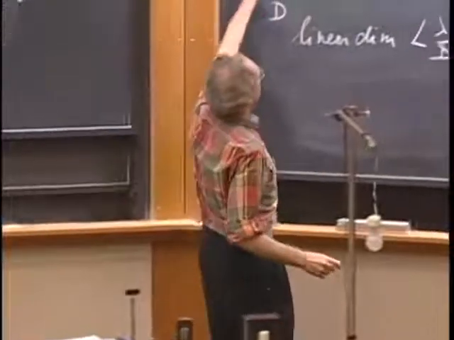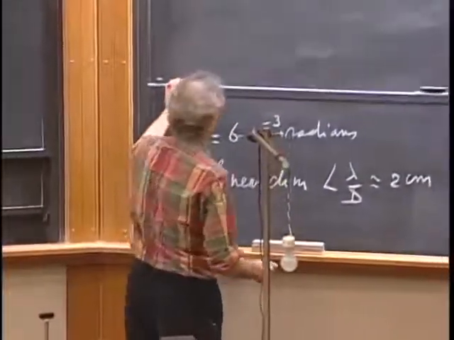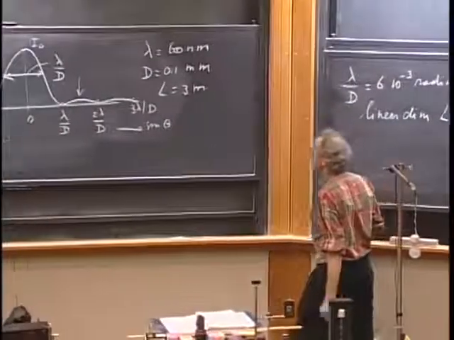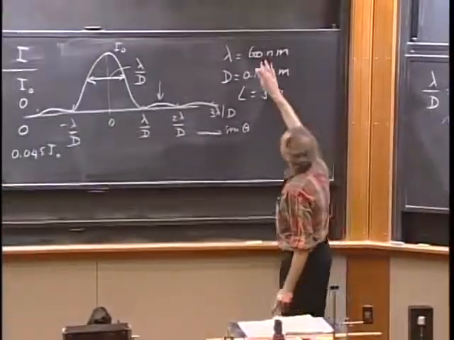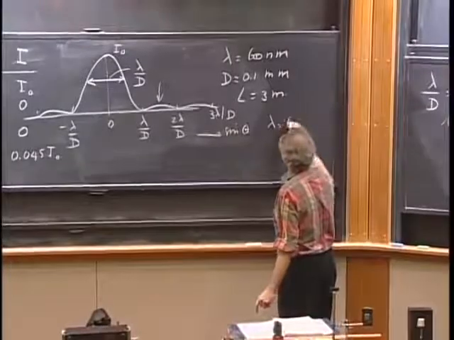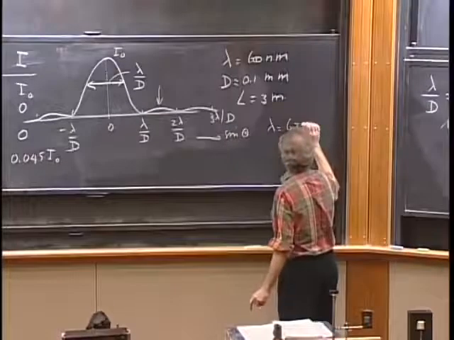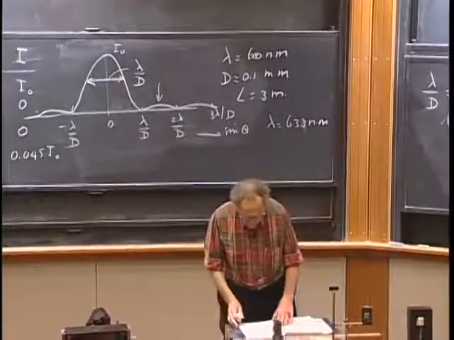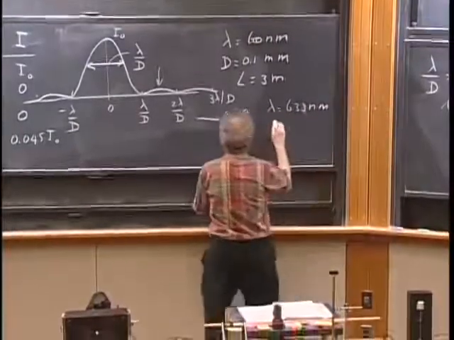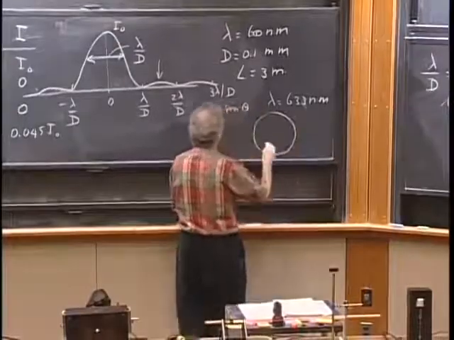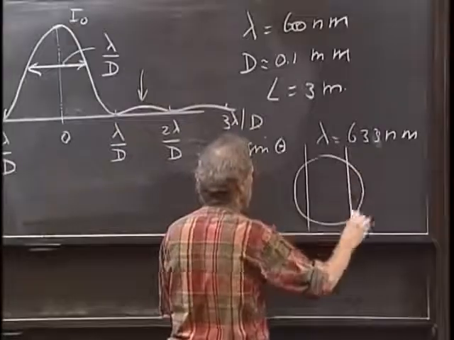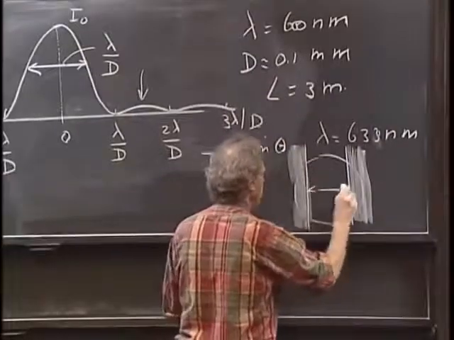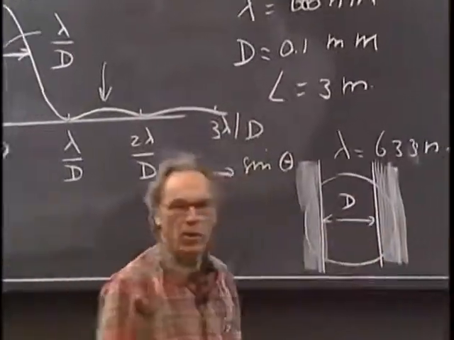So I'm going to do it with a 633 nanometer laser light. And the beam of that laser is about 3 millimeters, and then we have a slit here. So this is the opening, so this is the D, and we can make the D smaller.